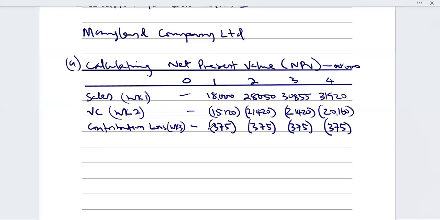Let's go back to the question to see if we have other information. After the contribution, we are also told that incremental annual fixed costs associated with the new product include the following. So the examiner has given us incremental annual fixed costs: interest on borrowed funds to finance the project, 50,000; depreciation, 250,000; wages and rent, 1 million naira.